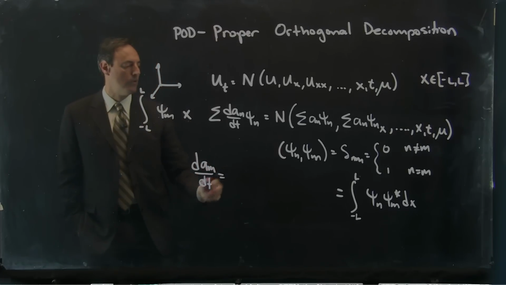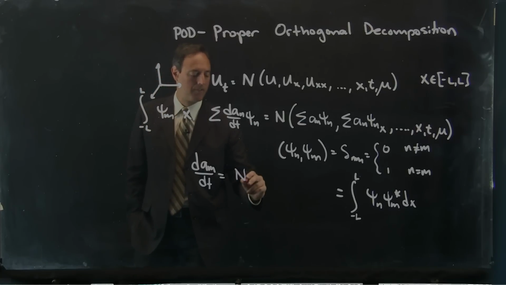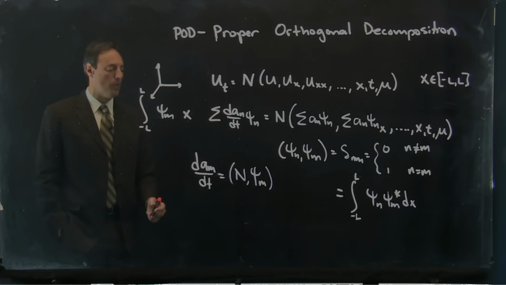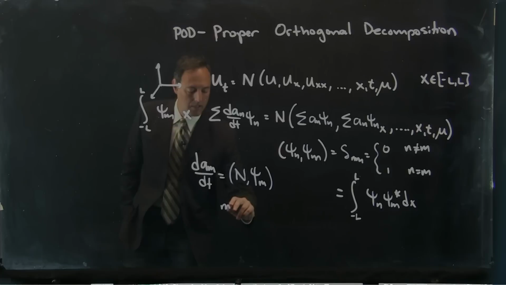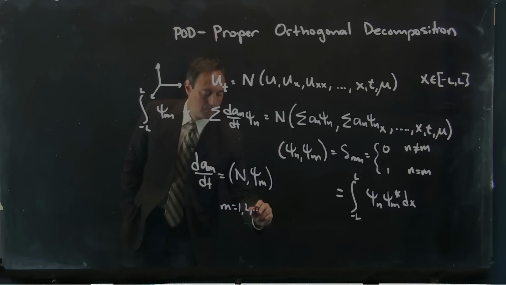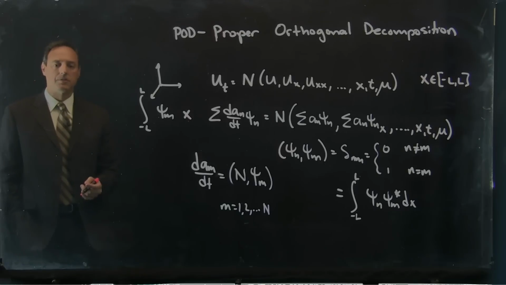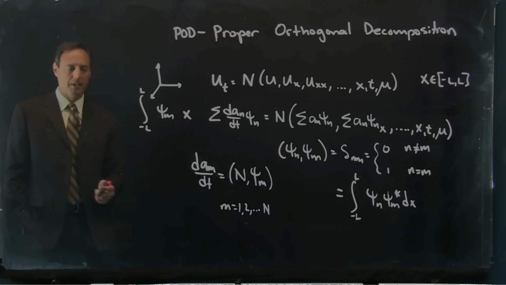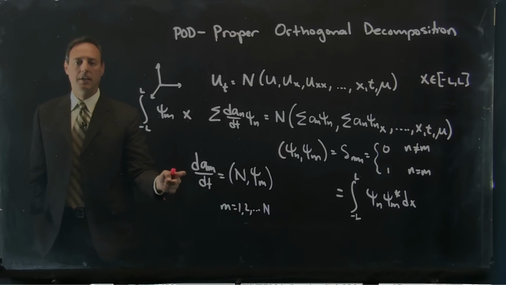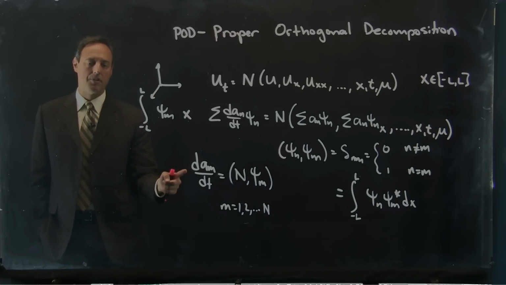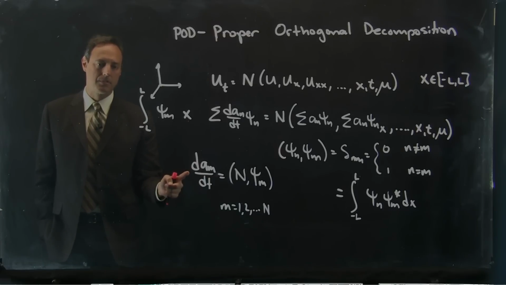And that is equal to, well, now we have to take this inner product of the nonlinear terms times psi of m. And so what this is going to give us is a large system of differential equations. Okay? So this is what we're after here, is now we can actually solve for the evolution of the A of m's.